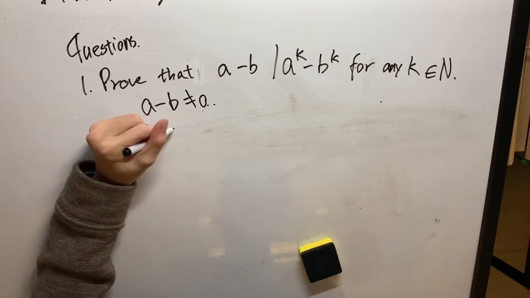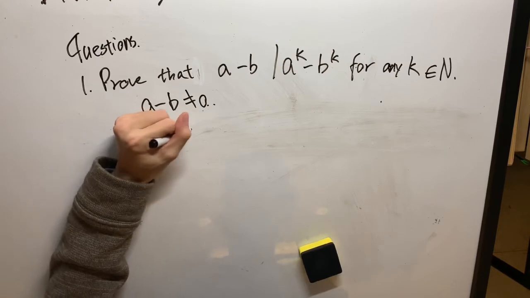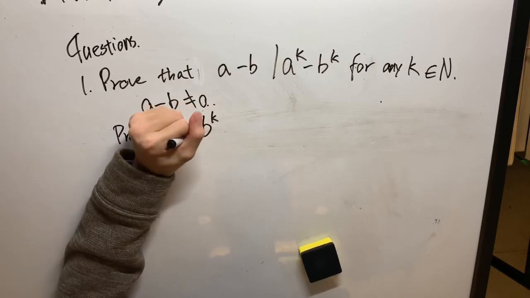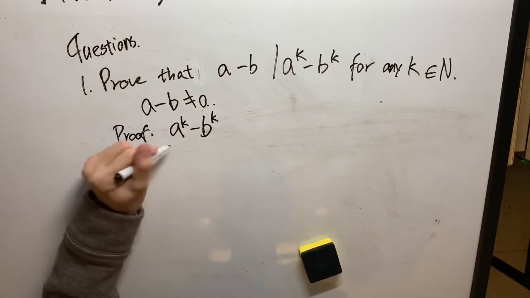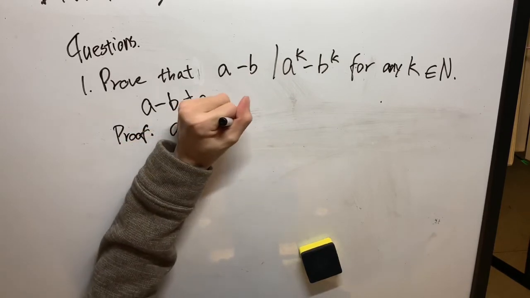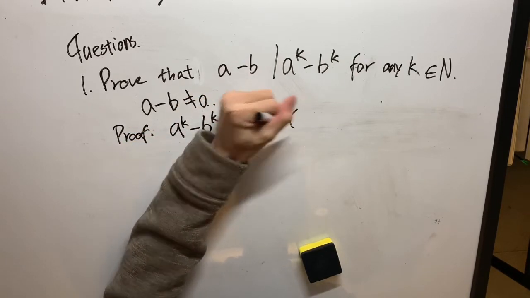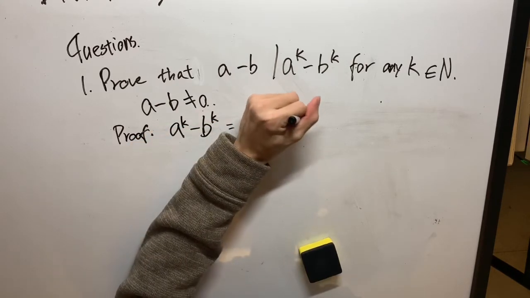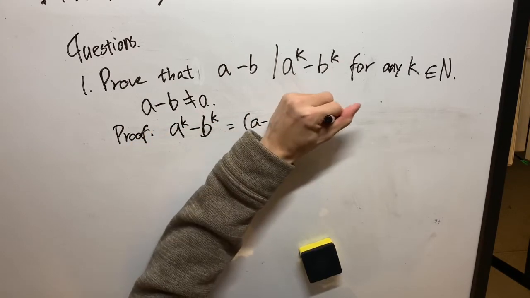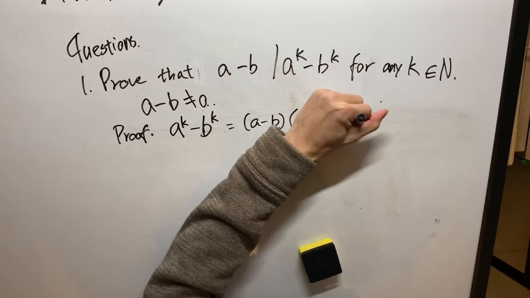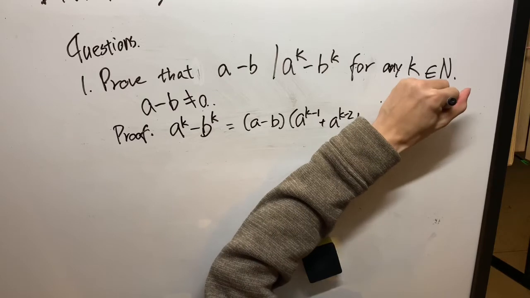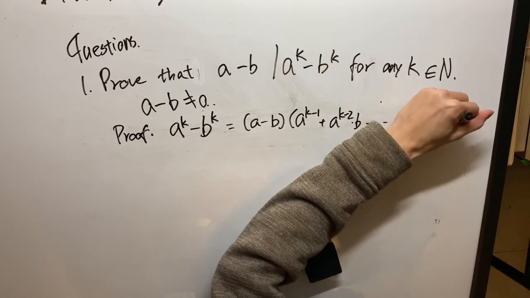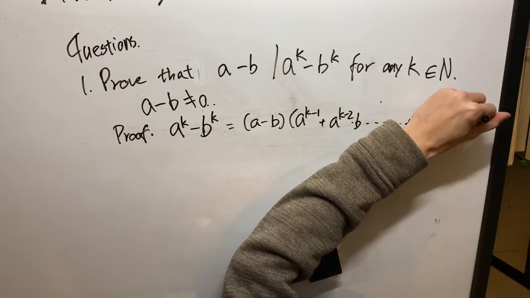There is a common formula for a to the k minus b to the k. Maybe we did not learn that in high school algebra, but we will learn it during university. So a to the k minus b to the k equals a minus b times a to the k minus 1, plus a to the k minus 2 times b, all the way to plus a times b to the k minus 2, plus b to the k minus 1.